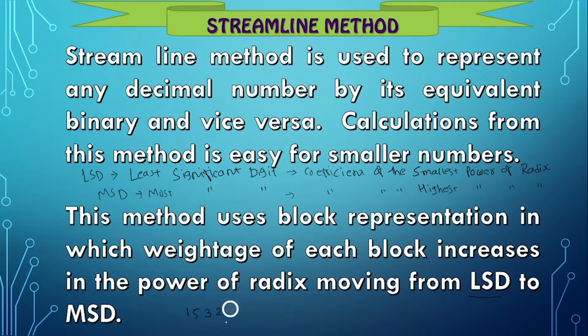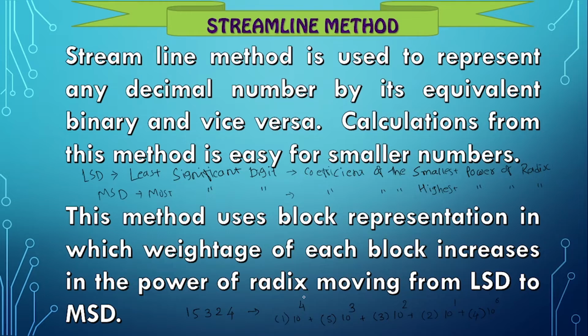If I have a number, say 15,324, then according to the formula, this combination is governed by 10 raised to 0 multiplied by 4, plus 10 raised to 1 multiplied by 2, plus 10 raised to 2 multiplied by 3, plus 10 raised to 3 multiplied by 5, plus 10 raised to 4 multiplied by 1.